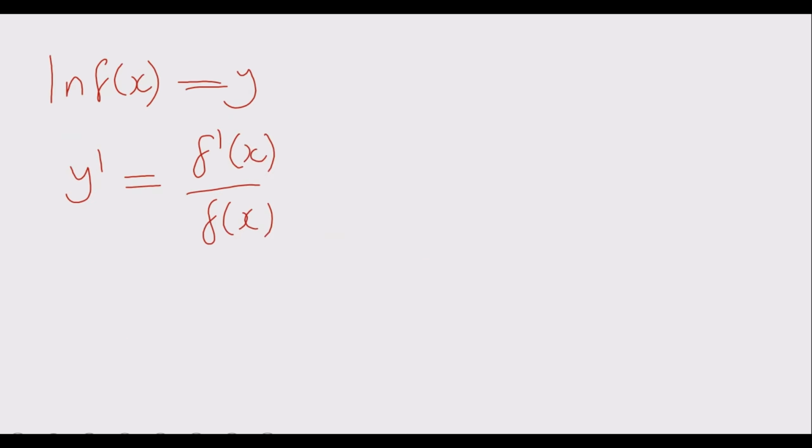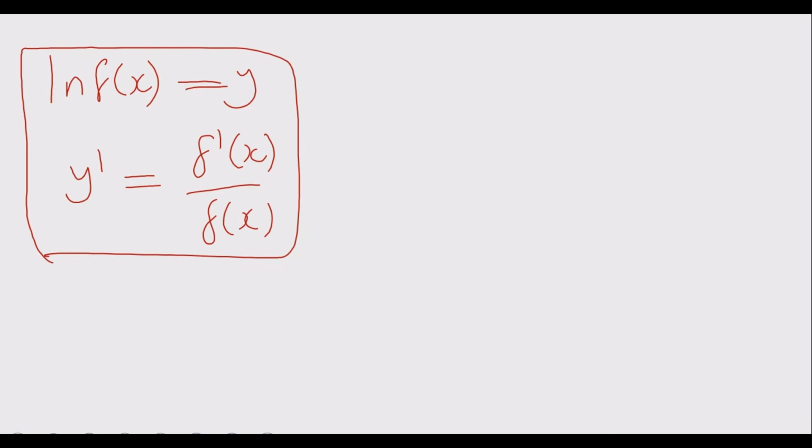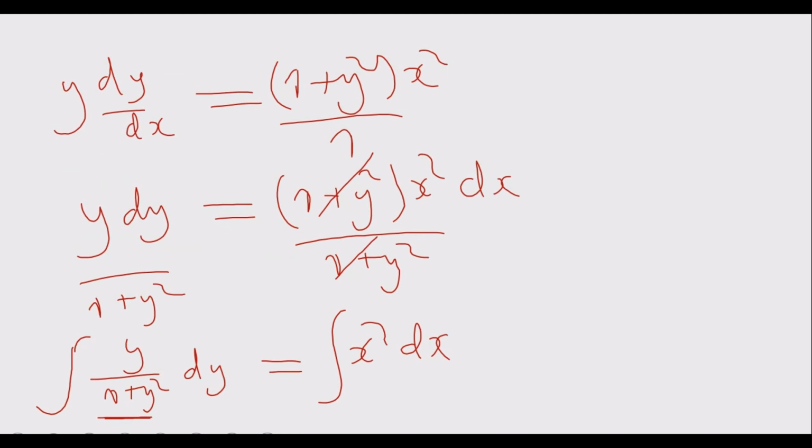So based on this principle, on the left hand side we have half of the natural log of 1 plus y squared plus a constant. We need the half in front so that the 2y multiplied by half gives us a y on top.